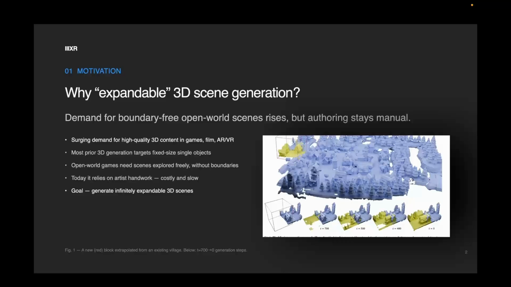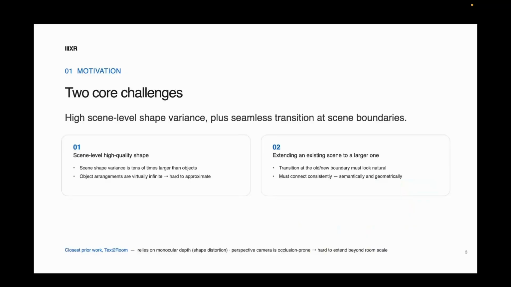The red block is newly generated, extrapolated outward from an existing village, and the bottom row is the diffusion denoising it from t equals 7,000 down to 0. Doing this well hits two hard problems. First, scene level shape is far harder than object level. The shape variance is tens of times larger, and the number of possible object arrangements is basically infinite.